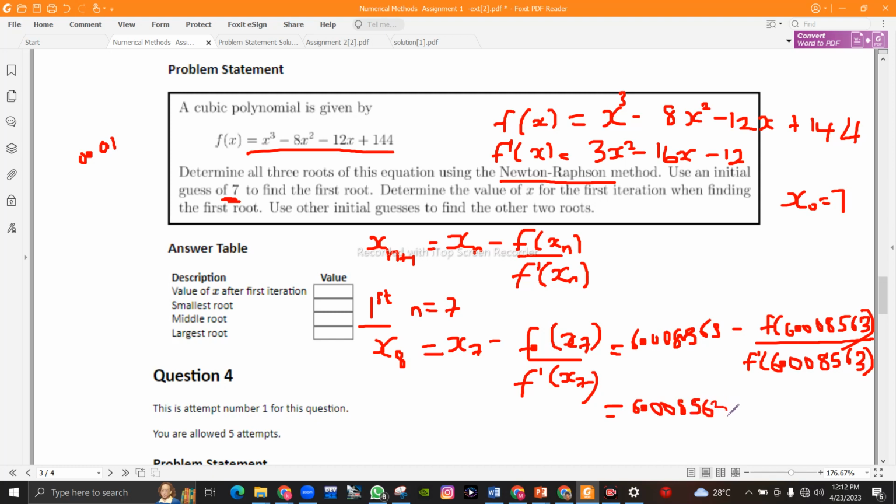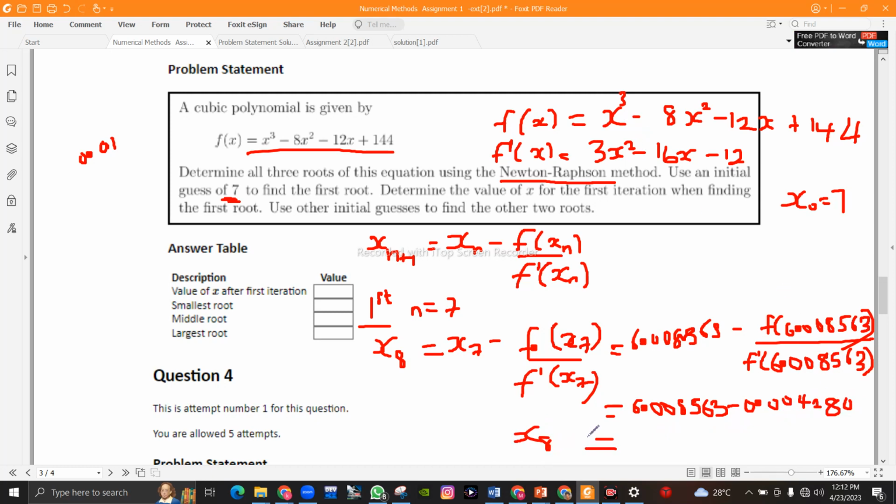So we press in the calculator, your x is equal to 6.008563 minus 0.00428. So we subtract this, your x8. I got this by putting this function inside there.